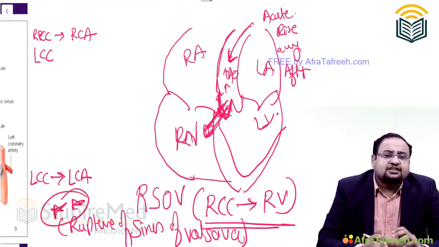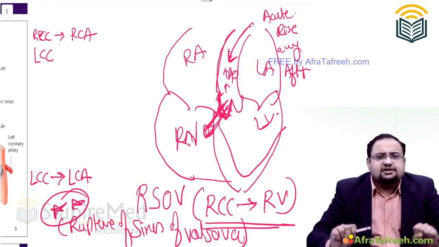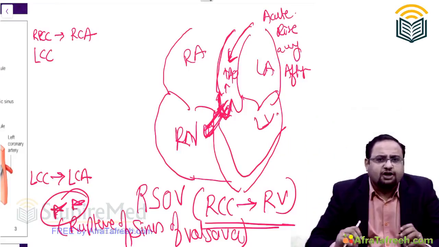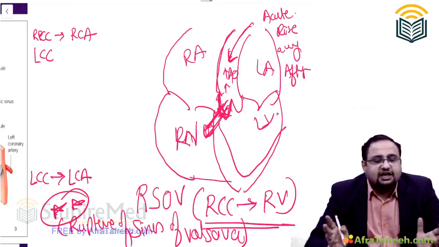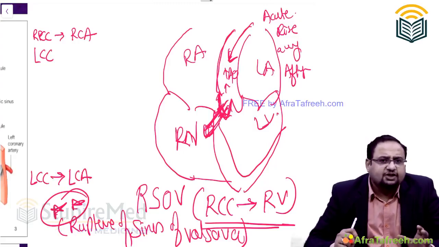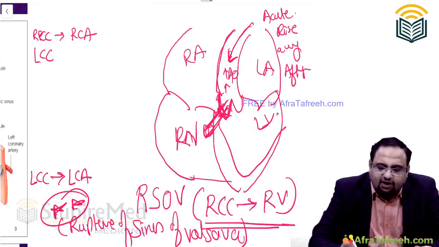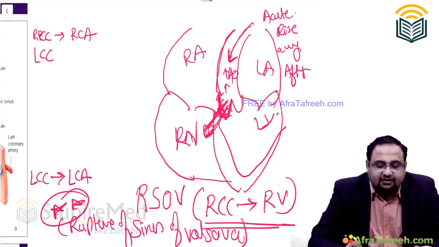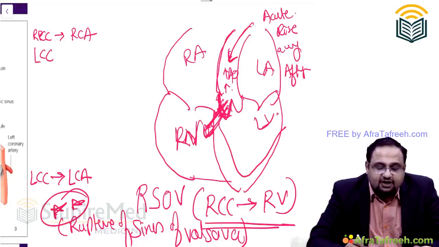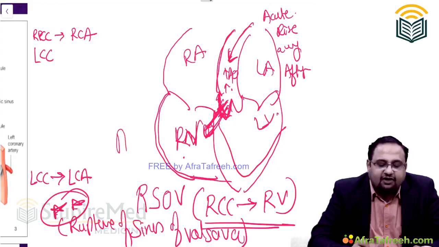You might know a famous Indian weightlifter who lifted the weight, and after a few seconds fell down and collapsed, and she never woke up. The postmortem report showed that she had a massive rupture of the right coronary cusp into the right ventricle, resulting in sudden high pressure exposure of the right ventricle and acute right heart failure.